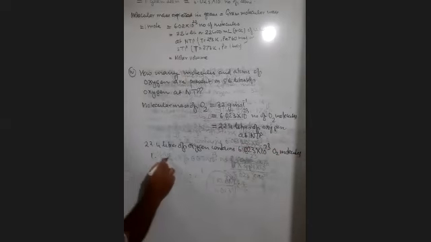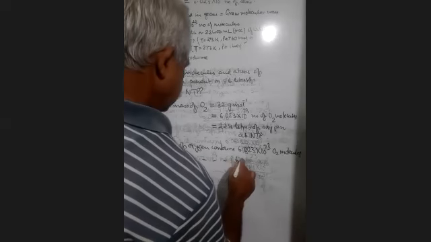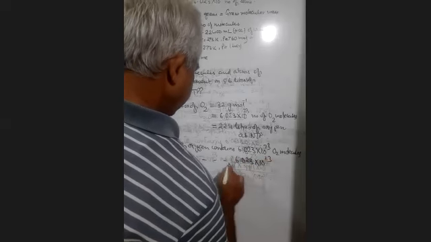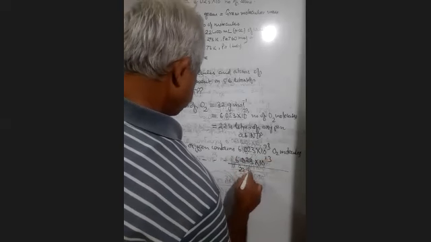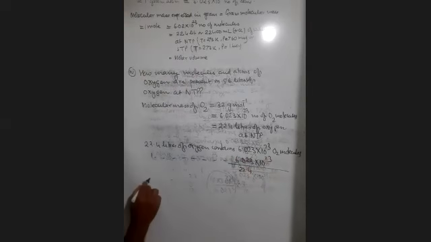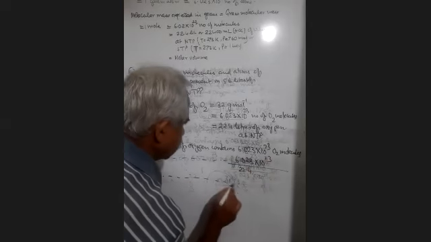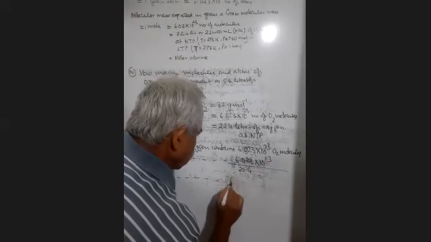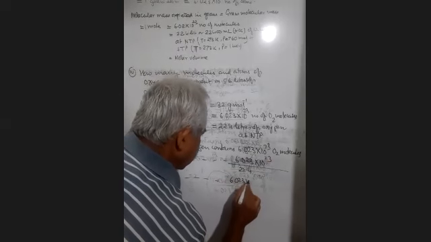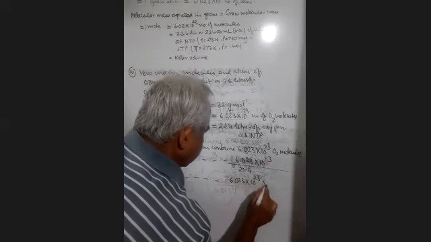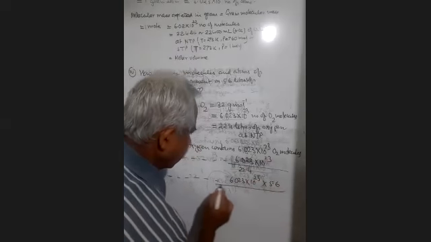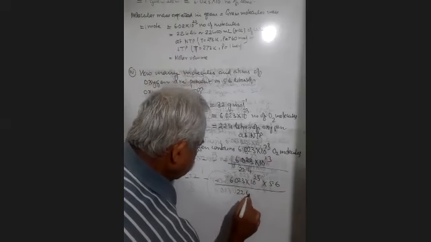So one liter will be how much? 6.023 into 10 to the power 23 divided by 22.4, and 5.6 will be how much? 6.023 into 10 to the power 23 into 5.6 divided by 22.4.